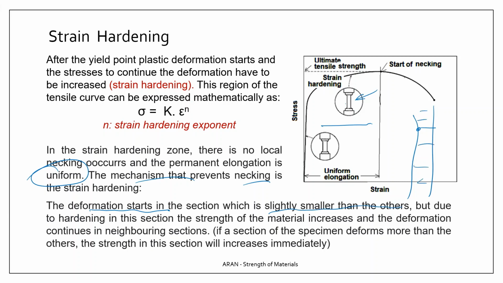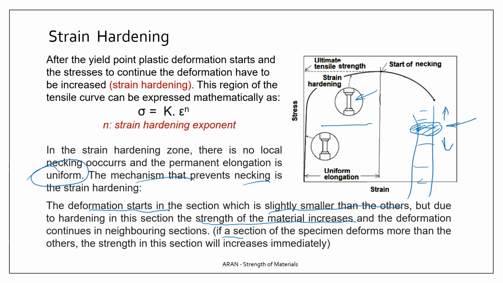But if the deformation in this region occurs, then the strain hardening mechanism will work, and the strength of the material will increase, and the deformation over here will stop, and the deformation continues in the neighboring sections.